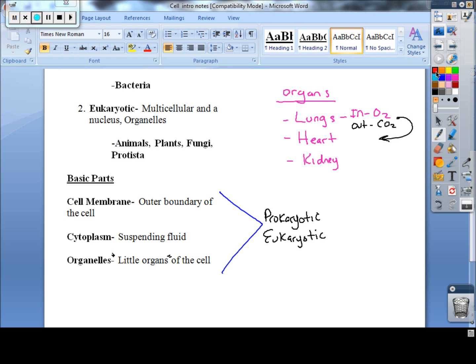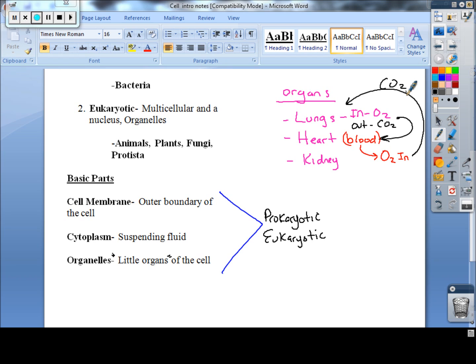The heart then has blood, pumps it, and in that blood it pumps O2 to the rest of the cells through veins and arteries. But then the O2 goes in and then back out to the lungs, CO2.